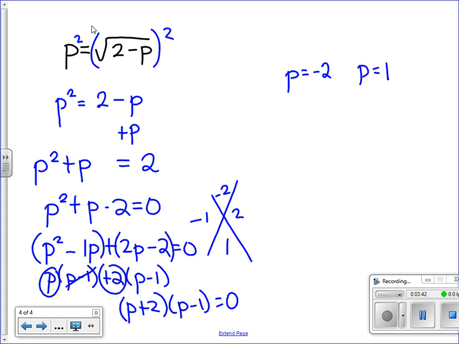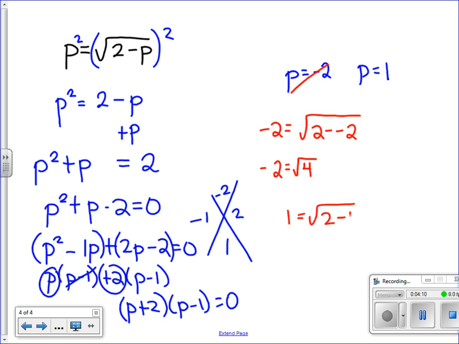Okay, so you gotta check those. If I put negative 2 in, do I get the right answer? That's gonna be the square root of 4. Am I gonna get negative 2 when I get the square root of 4? No, I'm not. That one's out. How about this one?